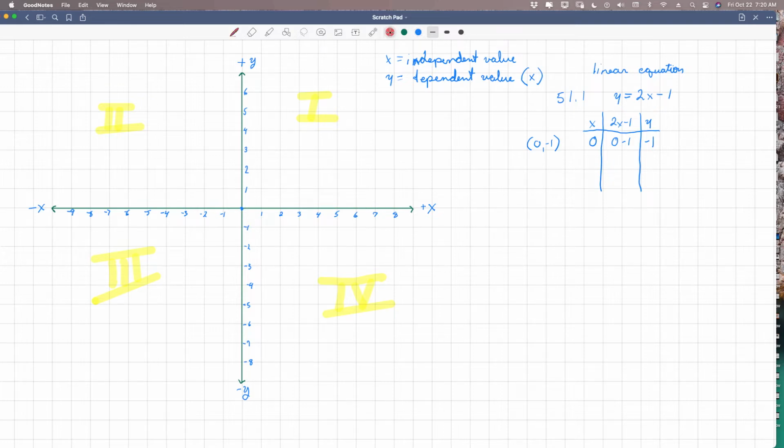Let me use red to graph this. If we want to graph 0, -1, we come to 0 on the x-axis, and then we come down to -1 on the y-axis. So that's going to be our first point, 0, -1. And we label it.